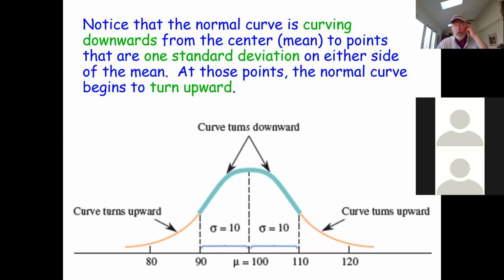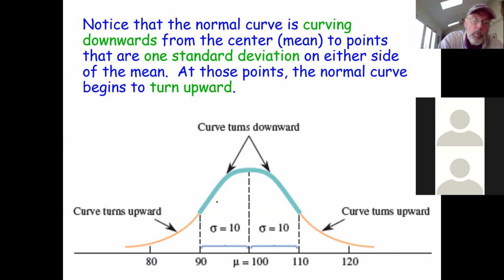Now, I would like to emphasize something that goes along with this. What we're seeing is sigma equals 10. From 100 to 90, that is 1 SD. Everybody see that? I know, I'm not an artiste.